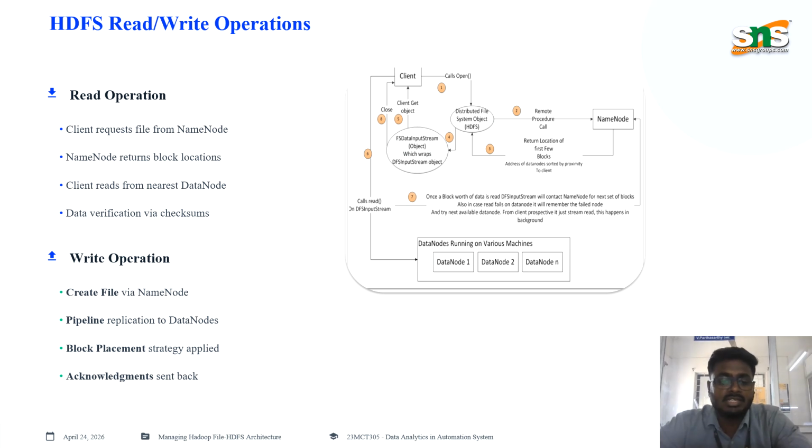For the write operation, the client sends a request to the name node and data is written in blocks. Replication happens in a pipeline and acknowledgements are sent back. This ensures efficient and reliable data transfer.